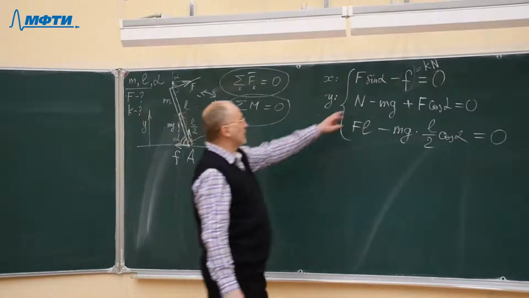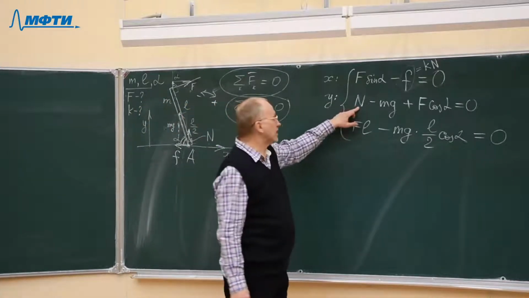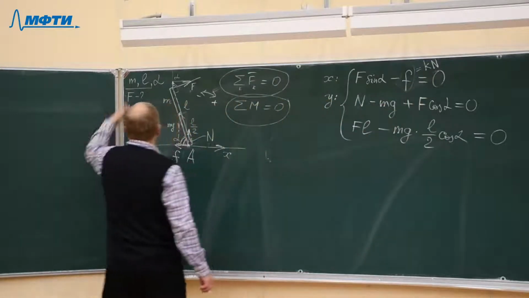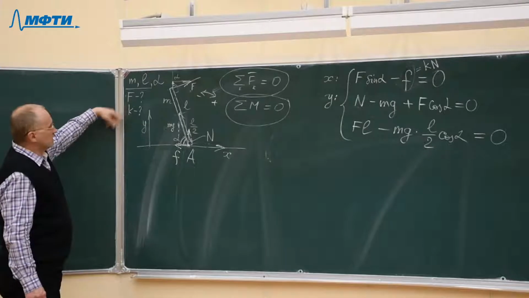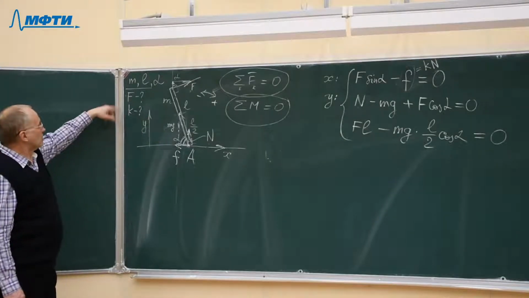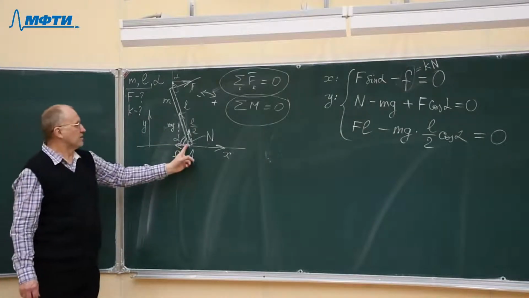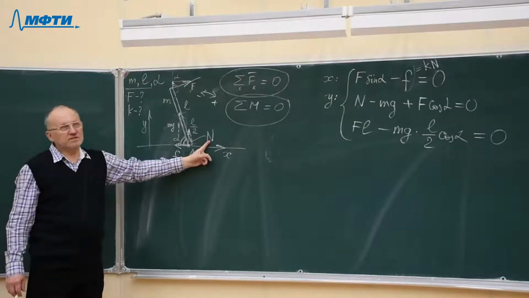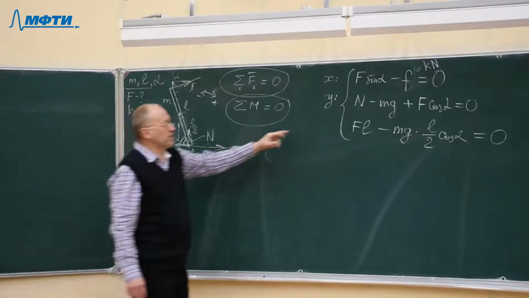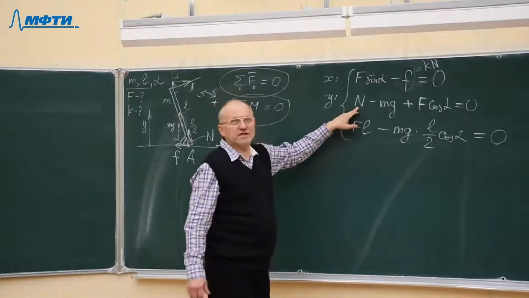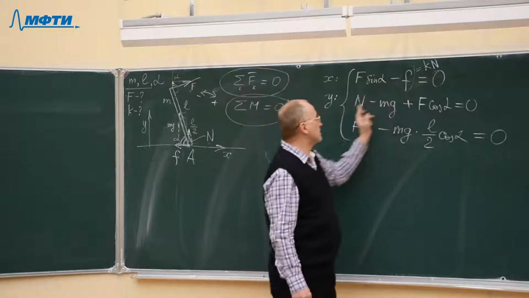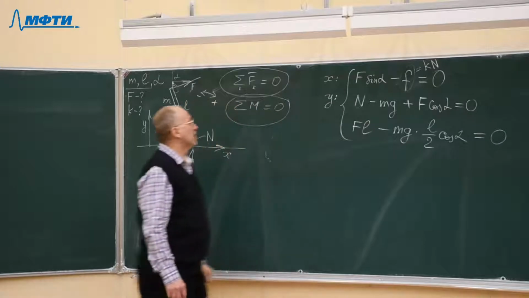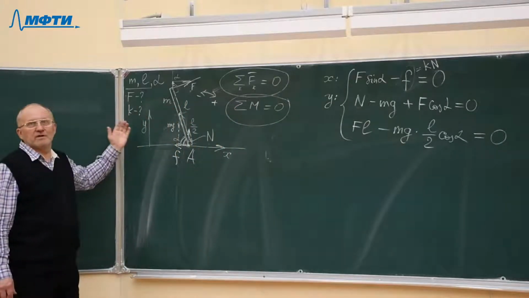Do we need to find N, the force of normal reaction? N is here and N will be here. No, we don't need N. The problem doesn't ask you to find the force of normal reaction. It's not required, but it's present in this system of equations. What can we do? We must exclude this variable which we don't need.